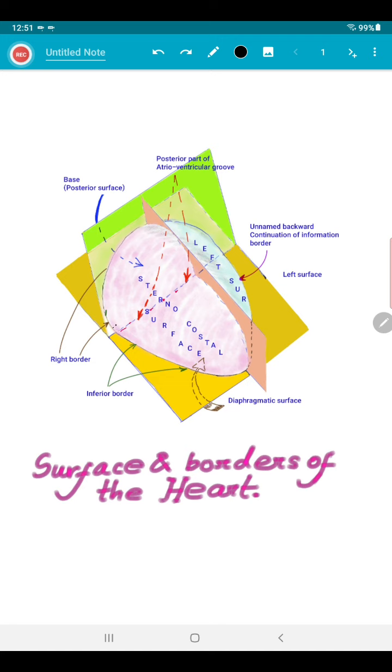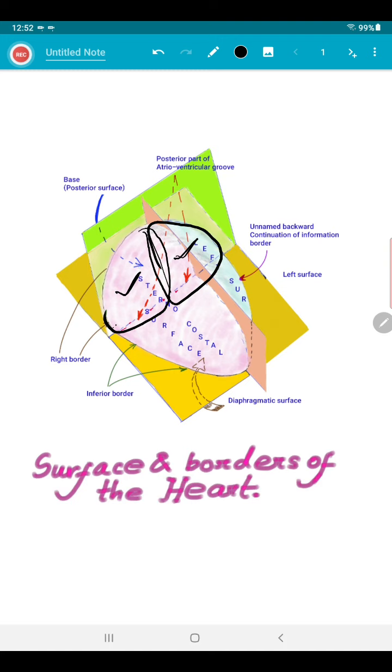It is directed backwards and to the right and is formed only by two atria. Remember, two atria. One atrial position is almost this and another atrial position is almost this. We are looking from the front, so this is left atrium and this is right atrium.